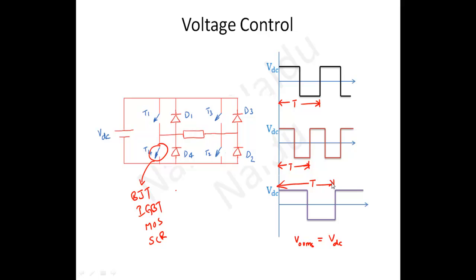So the time period is different for these waveforms, but our voltage will be the same. So using this, what you can do is simply frequency control. This won't give voltage control. But how to get voltage control? That's what we are going to discuss.